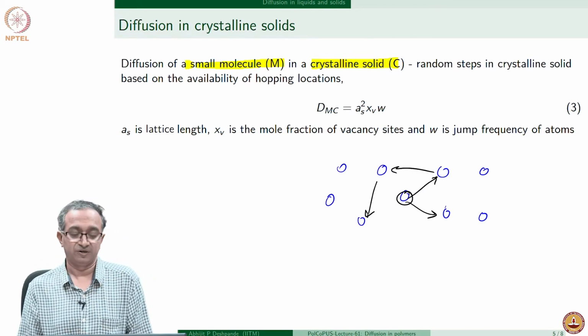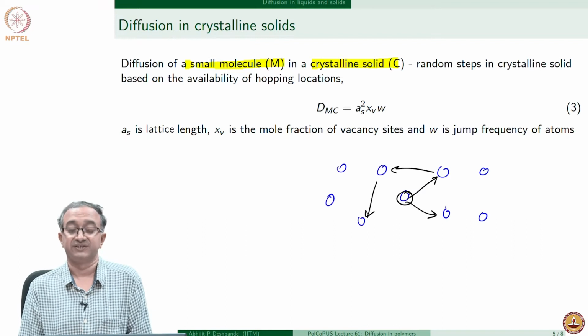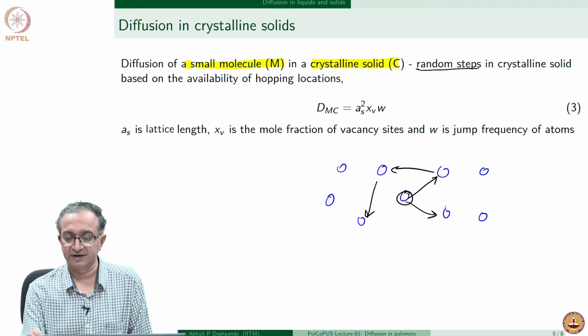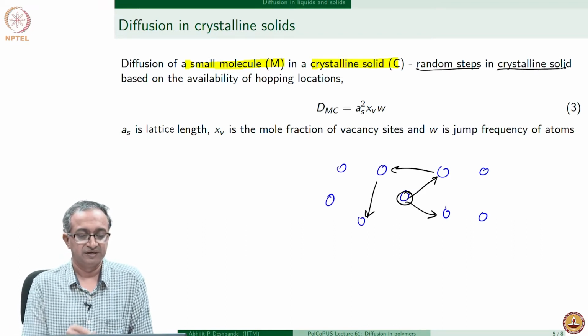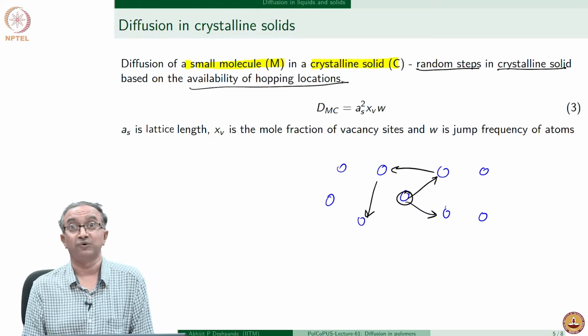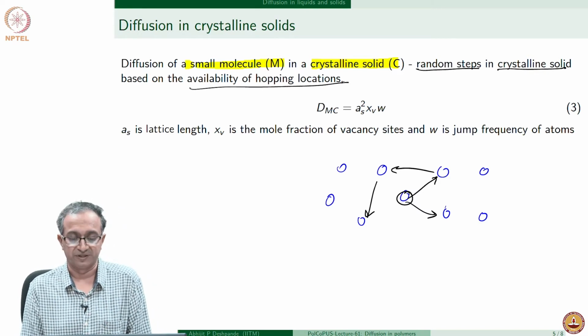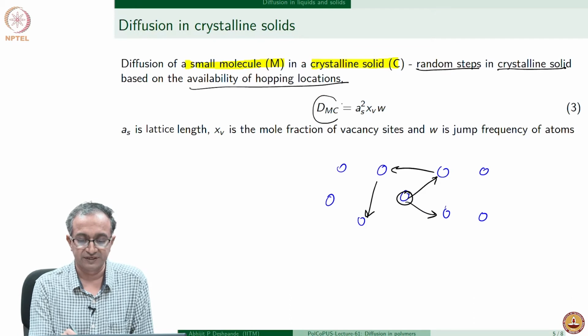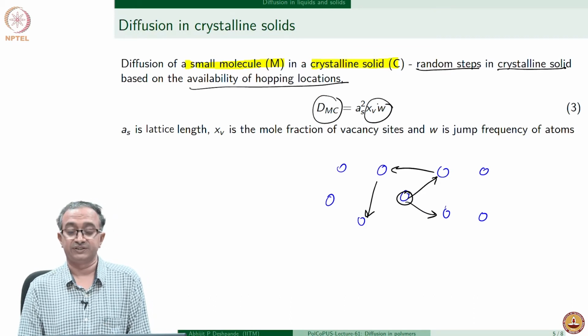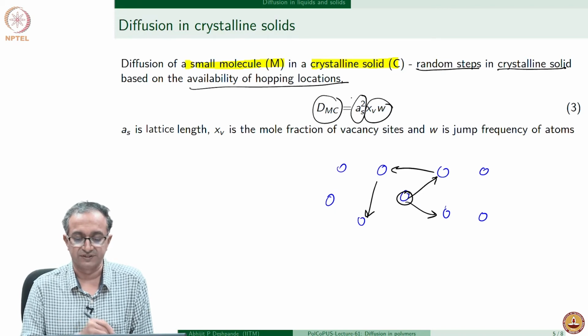This is very similar to a random walk problem that we have discussed earlier. It can take random steps in a crystalline solid based on availability of hopping locations, or the slots as I talked about them. The diffusion coefficient in this case then depends on the number of such steps you can take and the size of the step.